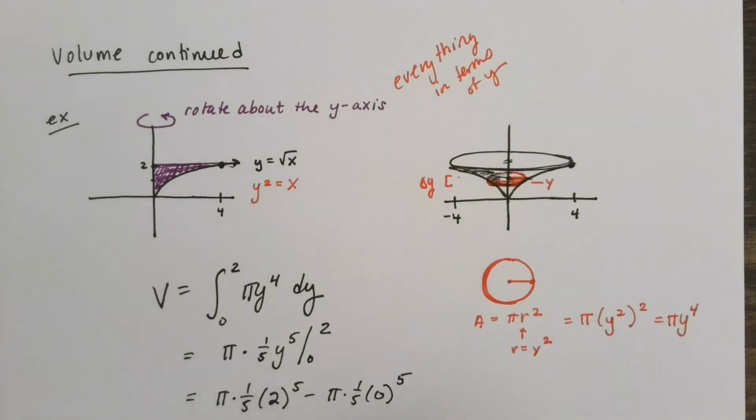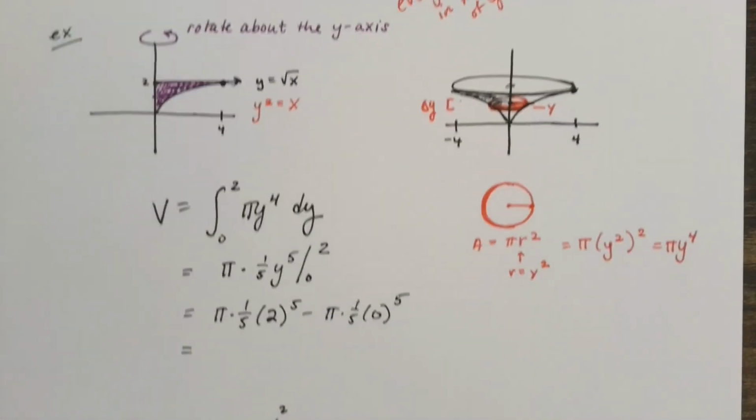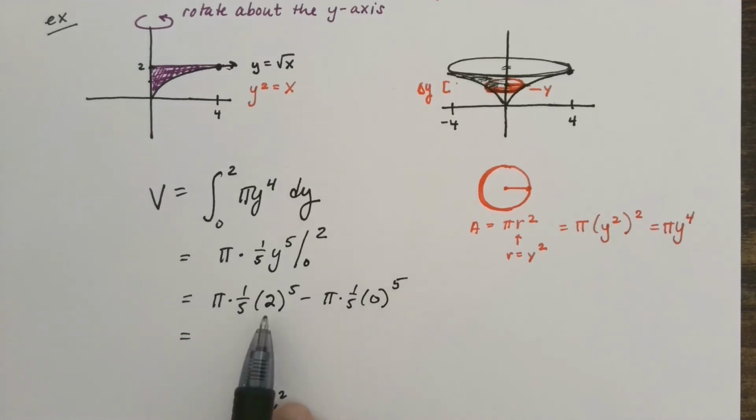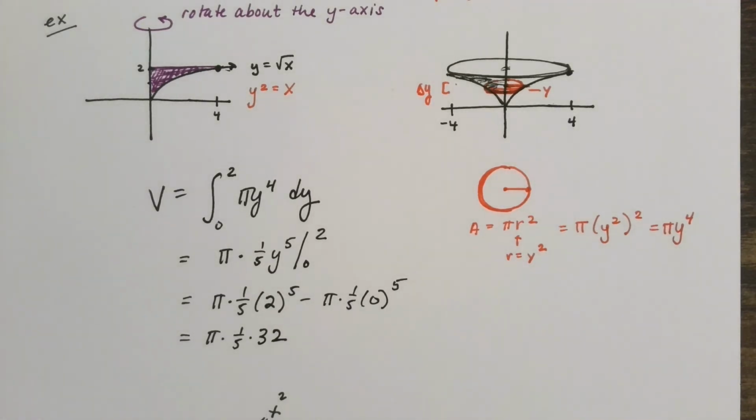And we get, this all goes to 0. Here, 2 to the 5th is 32, so I have pi times a 5th times 32. We could turn that into 32 over 5 times pi. It's a perfectly fine answer. Of course, you definitely expect these answers to come out positive because we're talking volume. You should never get a negative or a 0 answer.